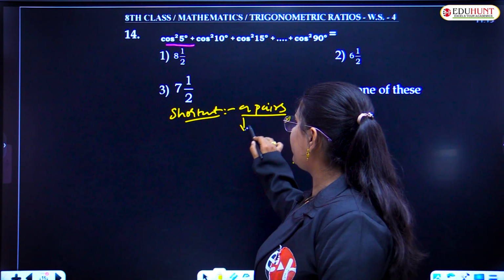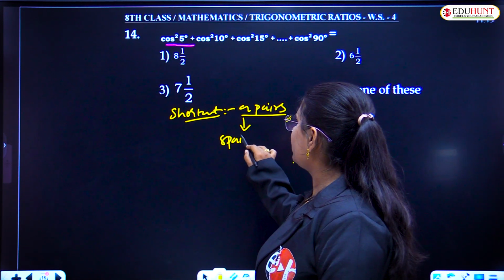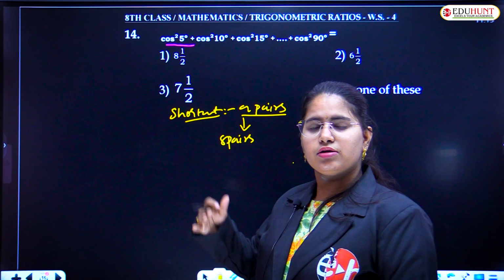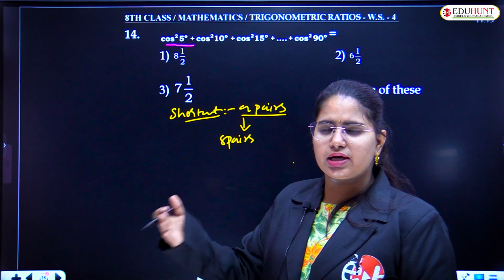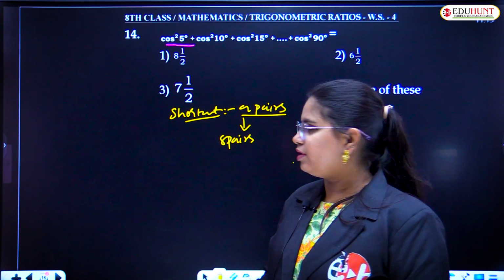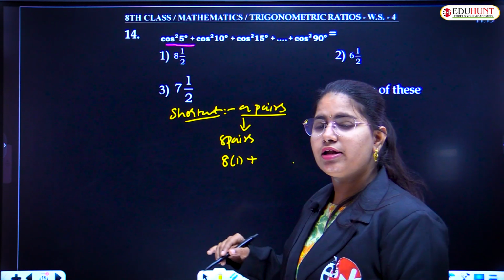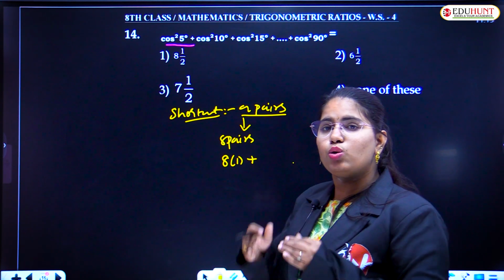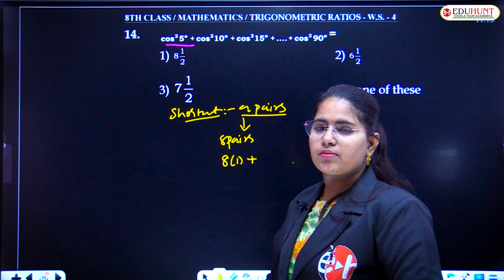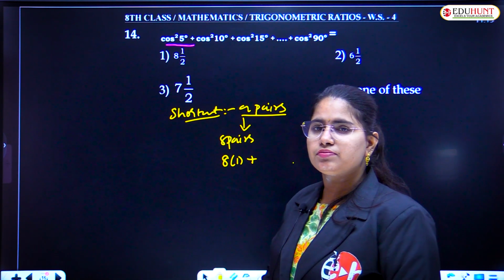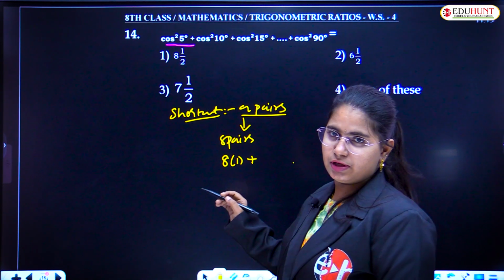Out of 9 pairs, 8 pairs will be giving resultant 90 degree. Whenever you are adding, your result is 90 degree. So 8 times 1. What is the leftover pair? What are the terms in the leftover pair? Simple, it's very simple.